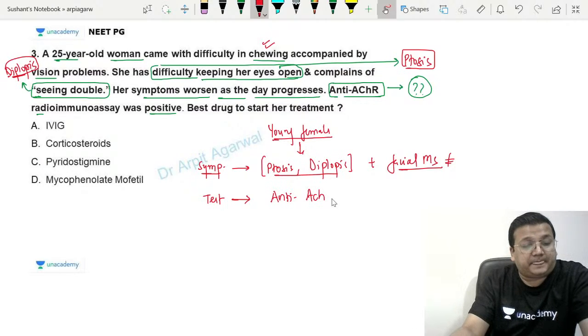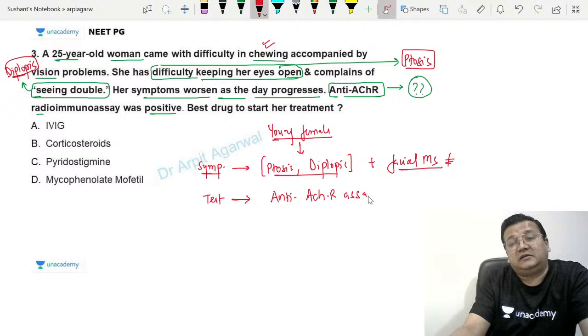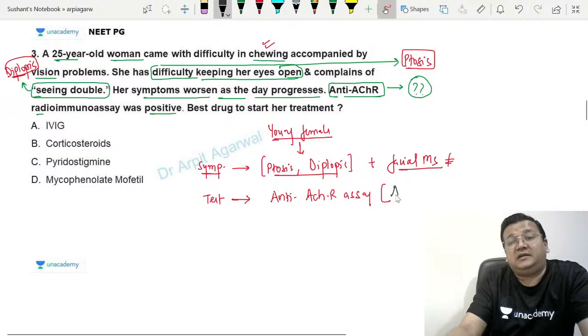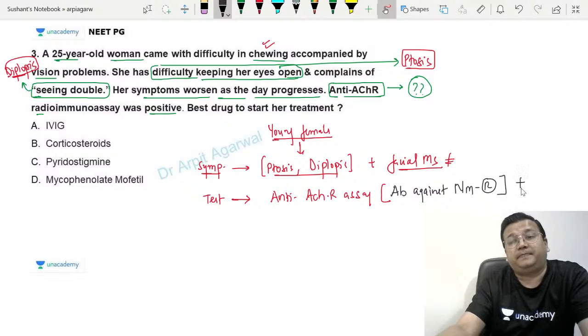Anti-acetylcholine receptor assay. So simply, what we say when we teach, this is an antibody against the nicotinic muscle type receptor, NM receptor, is positive.